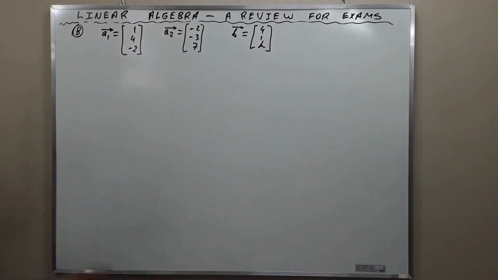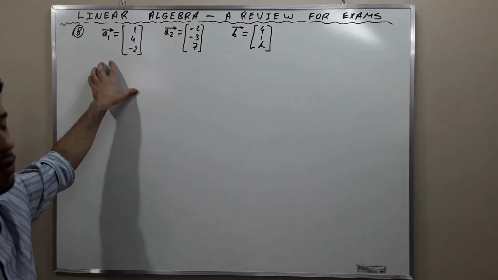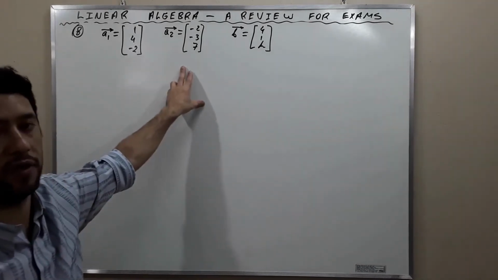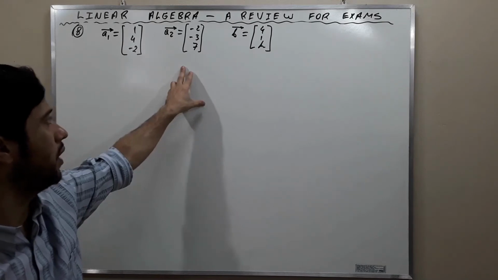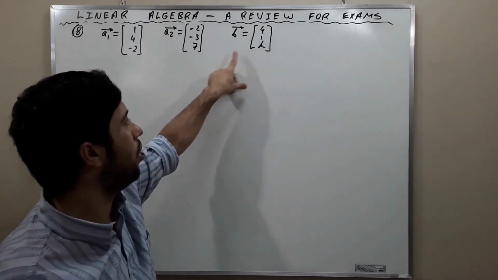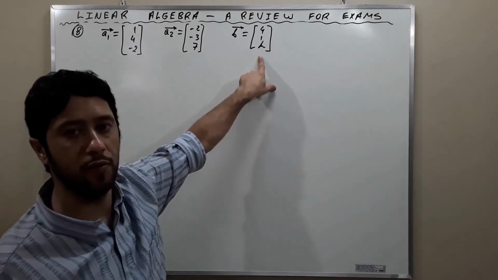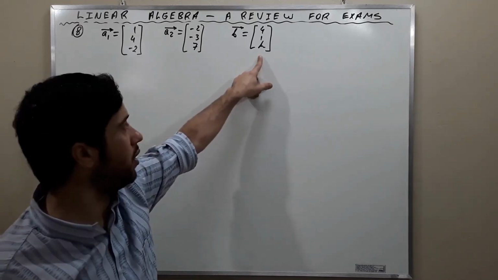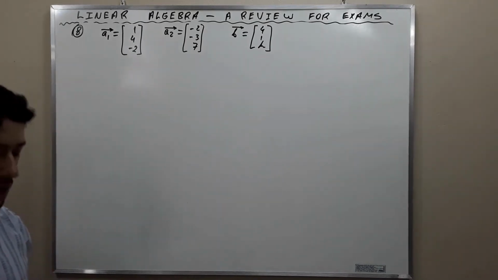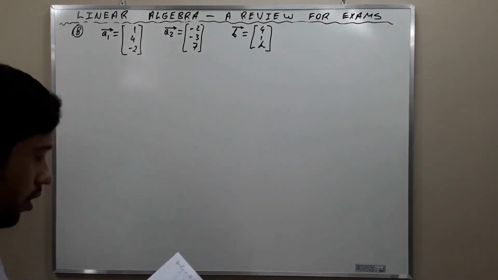Topic number 8: let a1 be this vector, and a2 be this vector here, and we want to determine the values of h that make the vector b in the span of a1 and a2.